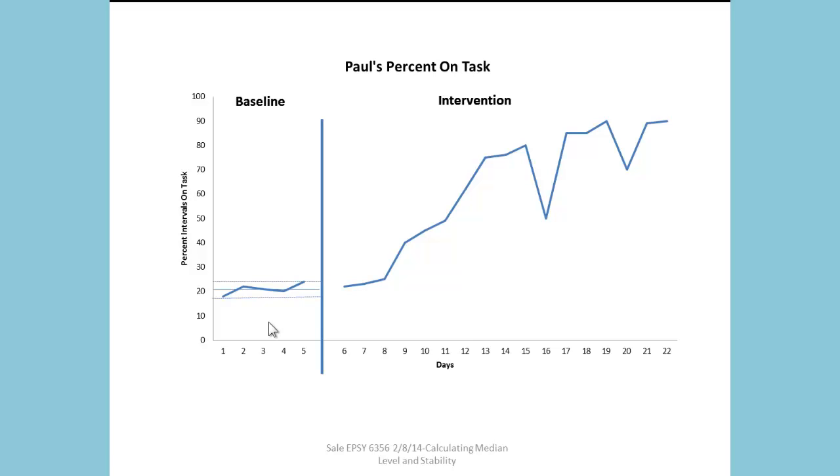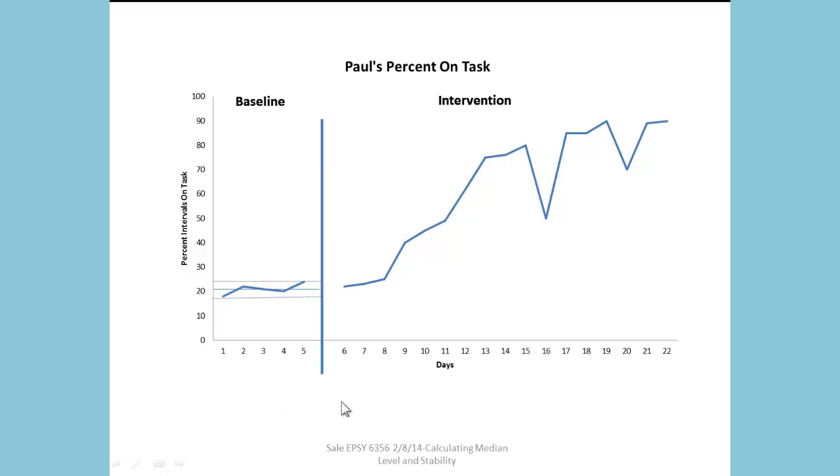Now I'm going to provide for you an Excel spreadsheet that has data similar to this on it, and I'm going to want you to calculate the median, the upper and lower range of the stability envelope, and I'm going to want you to determine whether or not the baseline data were stable. And I'm going to do that through giving you a quiz where you fill out the information.